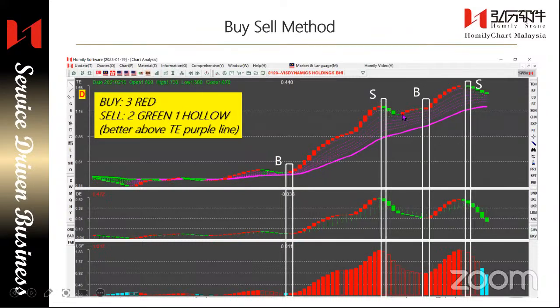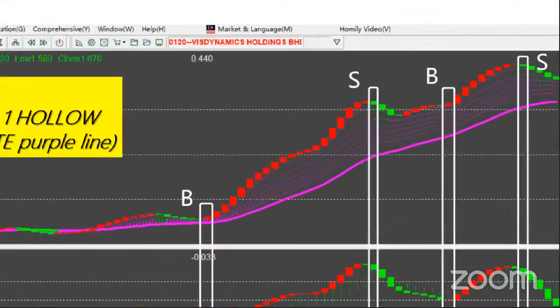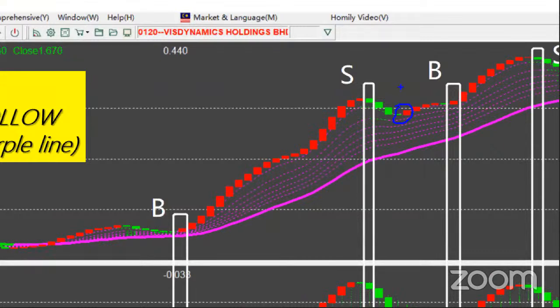Then, especially in uptrend stocks, if you use Trend Expert only, sometimes you'll find even when TE turns green to red, the price seems not that strong. For example, here, even when Trend Expert turned green to red, it appeared a buy point, and maybe you buy in, but the price behavior is maybe not that strong.